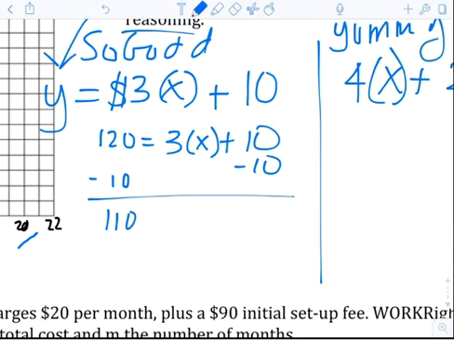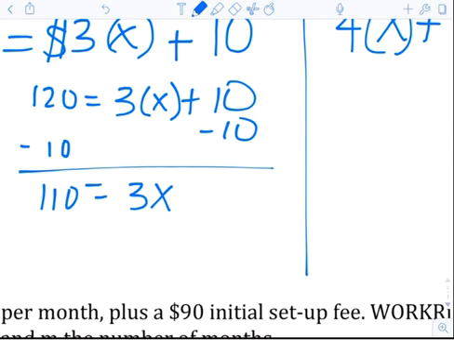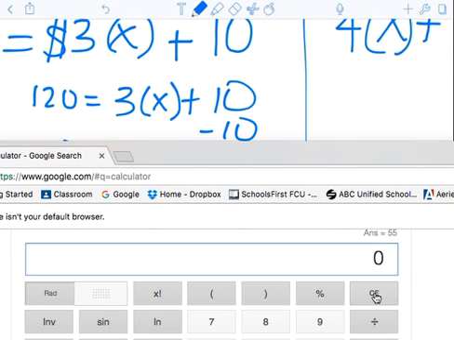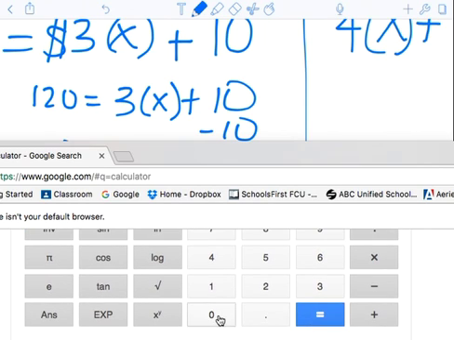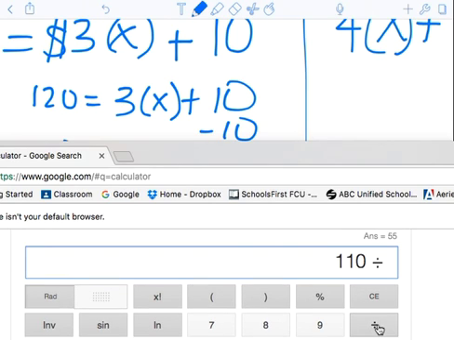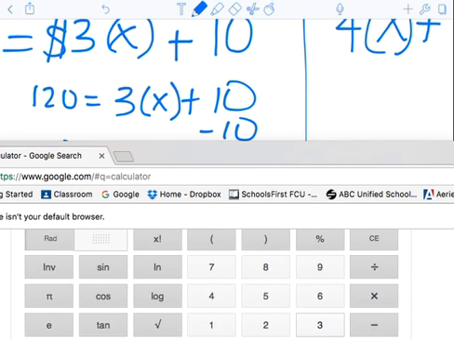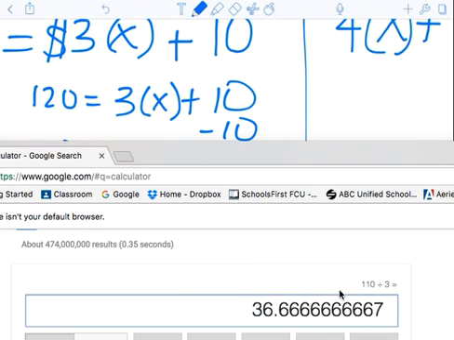Okay, so 110 equals 3x. Divide by 3. $110 divided by 3. Okay, 36.